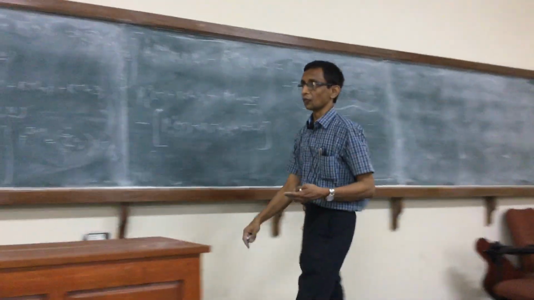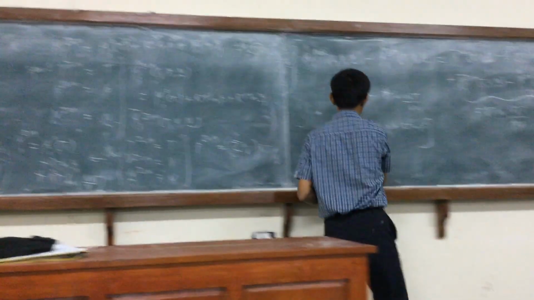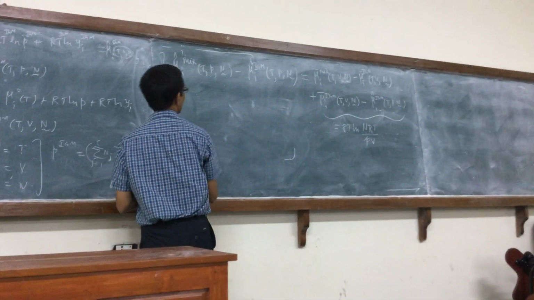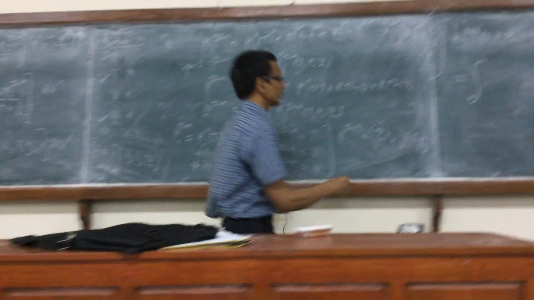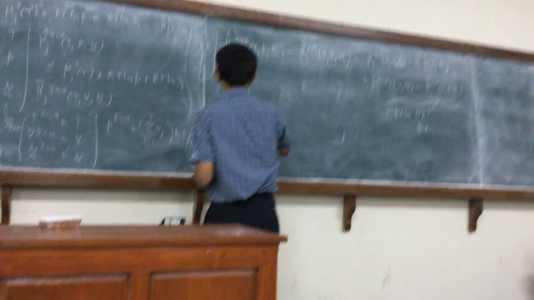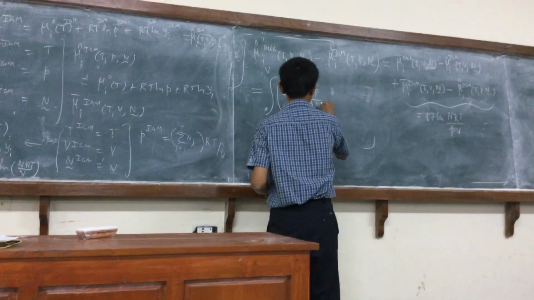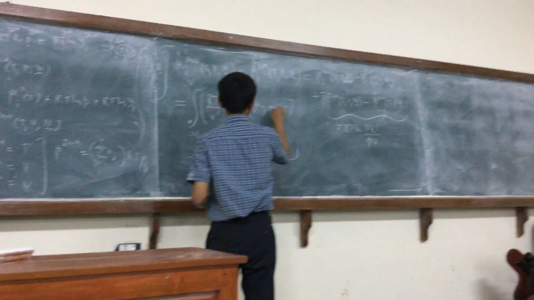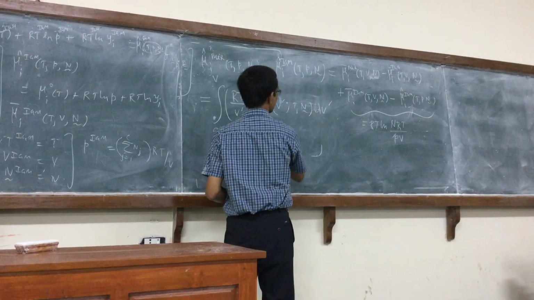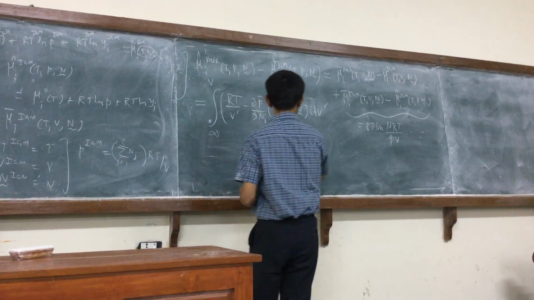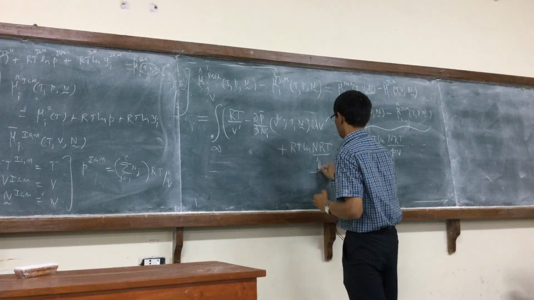So what we are getting now is that the chemical potential departure function that I want can now be written as the first term given by this integral from infinity to V, and then we have plus RT log nRT by dV.